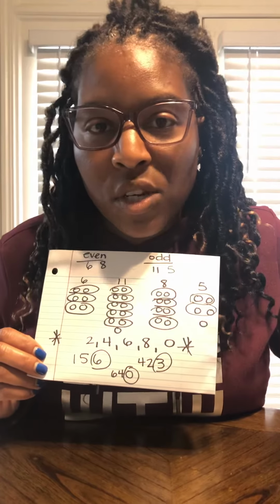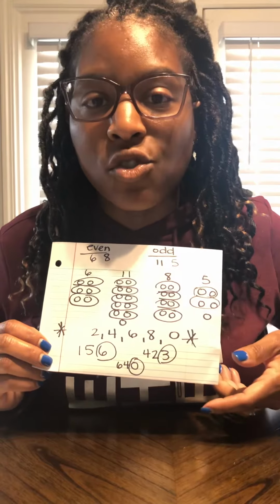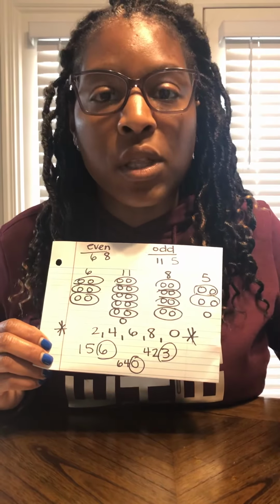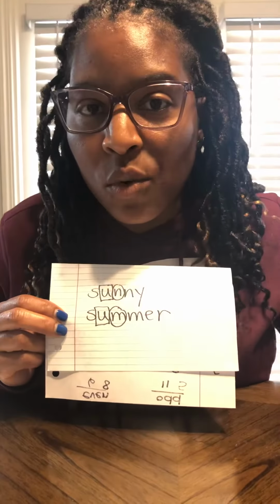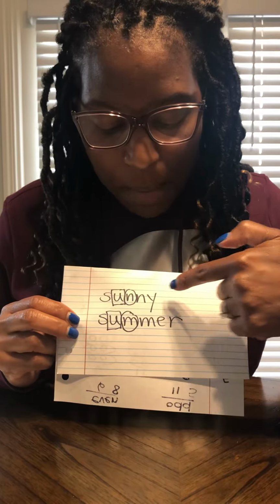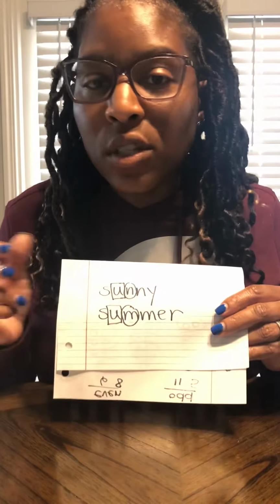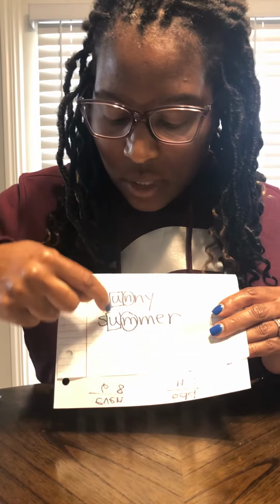Something else I'm going to send you this week, attached to an email I'm going to send you today, is a worksheet with ABC order. Parents, we've already been doing this, so this is totally review. Say for instance, if I have the two words sunny and summer, my kiddos are smart enough to know they go to the second letter.